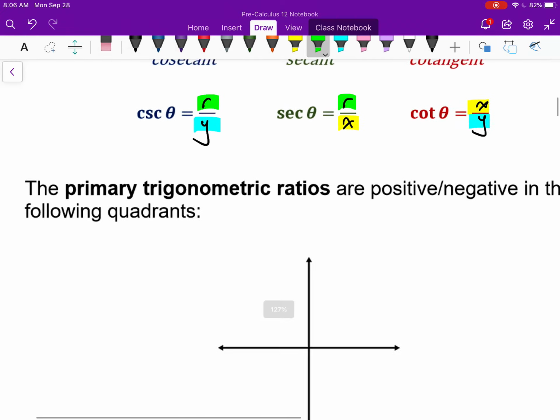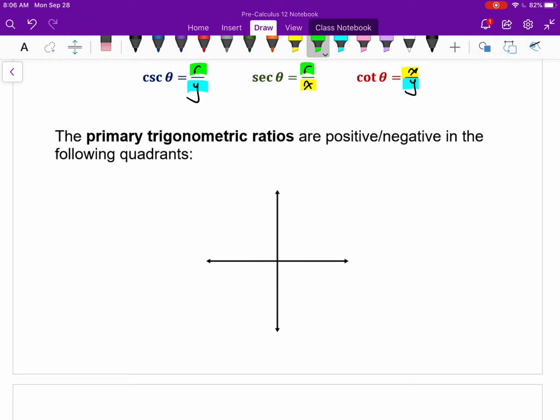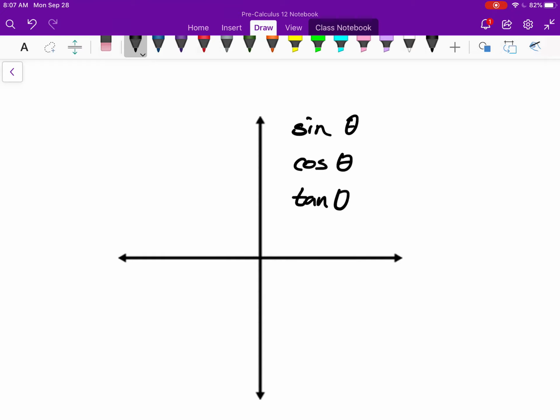All right, and as well, the CAST rule is something you probably learned about before. And really that states that, actually I'll start with this, that all your trigonometric functions, sine, cosine, and tangent, in the first quadrant, if you have an angle in standard position that ends in the first quadrant, they all are positive.